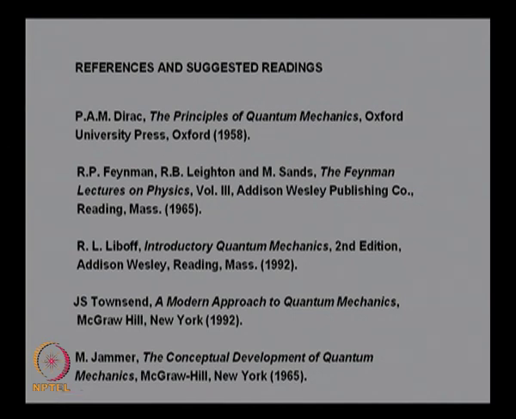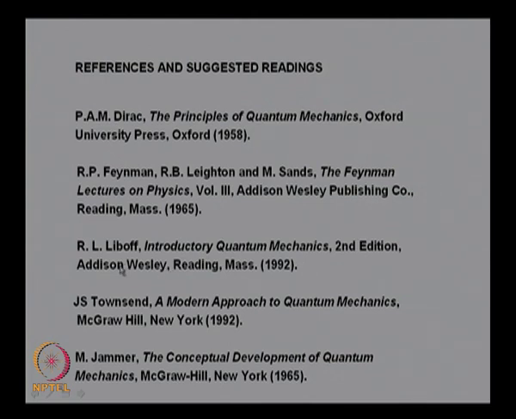And then we have the famous Feynman Lectures on Physics, volume 3. The first few chapters discuss the wave-particle duality and the uncertainty principle in a very beautiful way. I would advise all students to go through the first few chapters of the book.